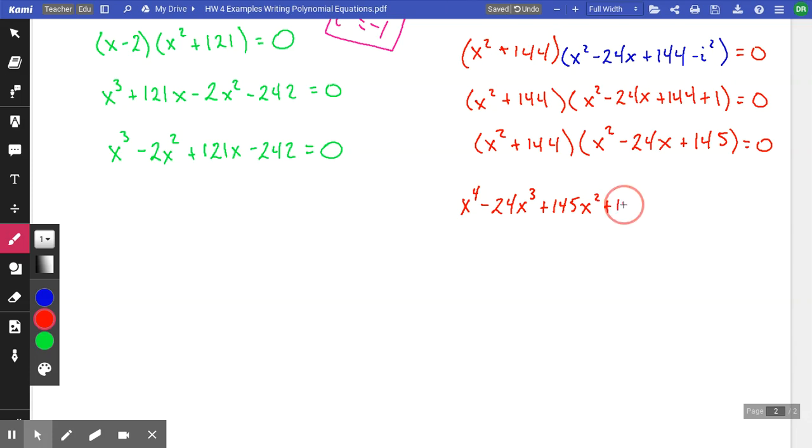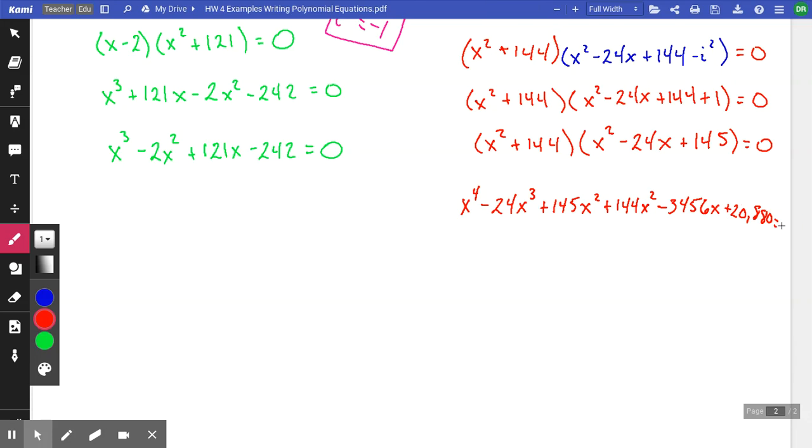So 144 times x squared will give us 144x squared. 144 times negative 24, numbers getting a little big here. So we just grab a calculator in those times and we get a negative 3,456x. And then 144 times 145 is positive 20,880.